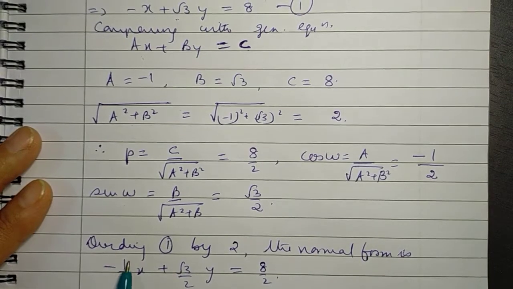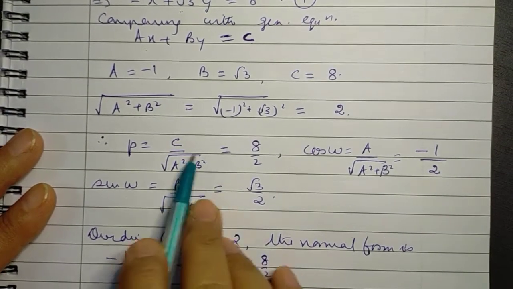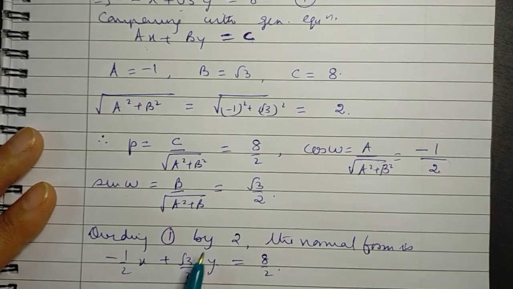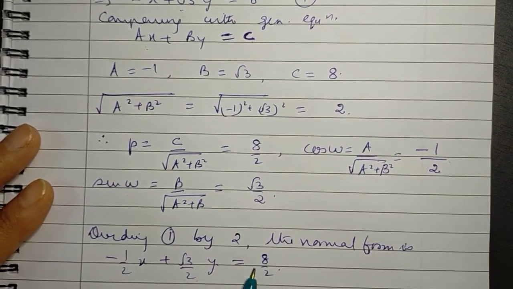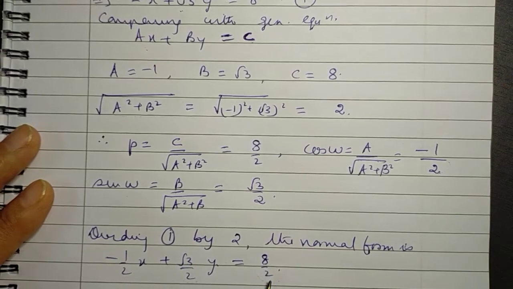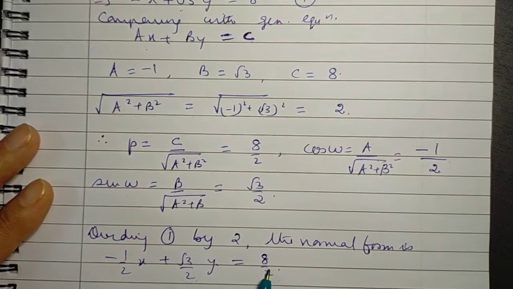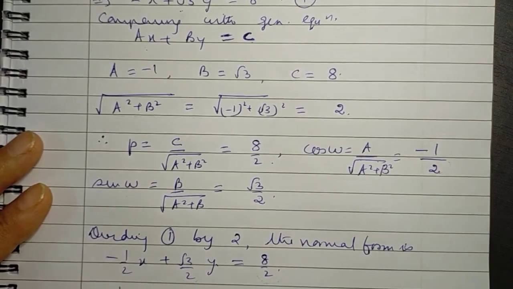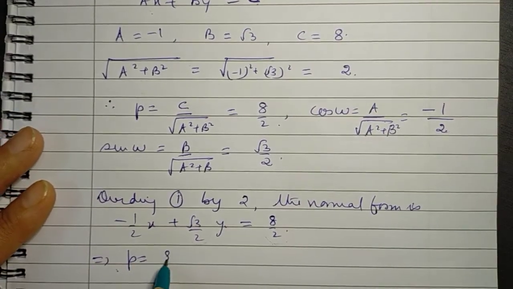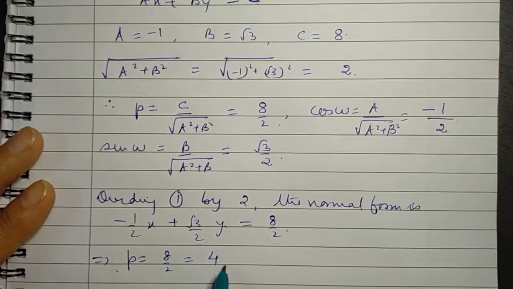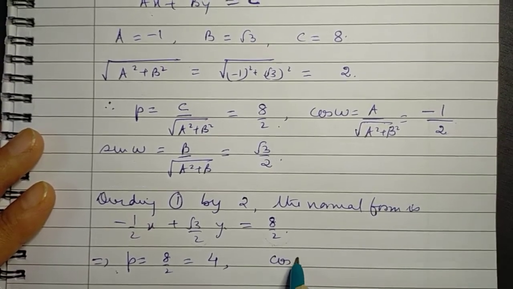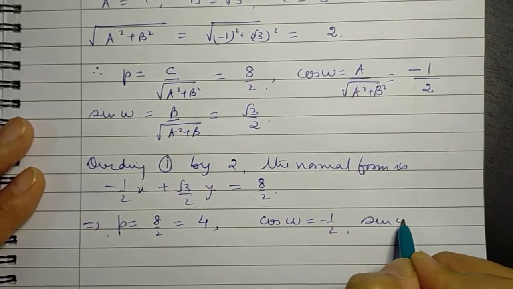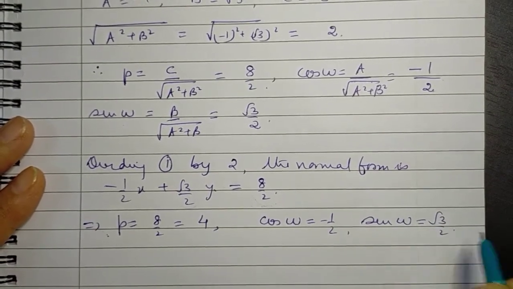Here also you can see the coefficient of x is cos omega, which is minus half. Coefficient of y is sin omega, which is root 3 by 2, and the right side perpendicular distance is p, which is 8 by 2. So here we get p is 8 by 2, which is 4. Cos omega is minus half and sin omega is root 3 by 2.